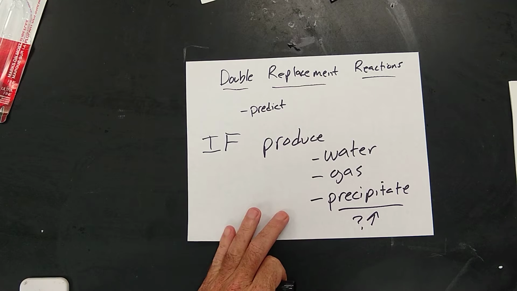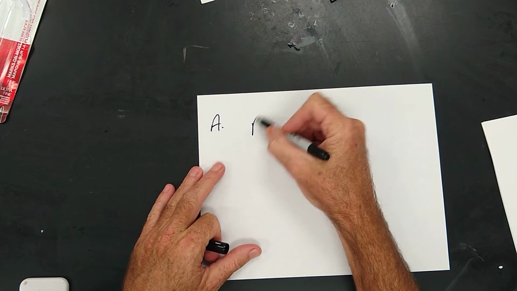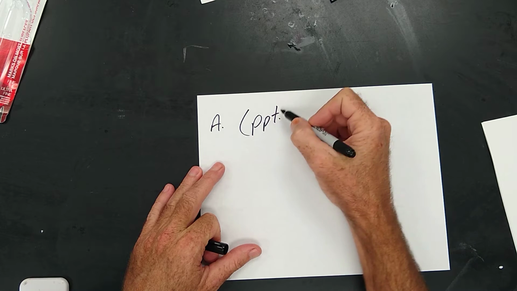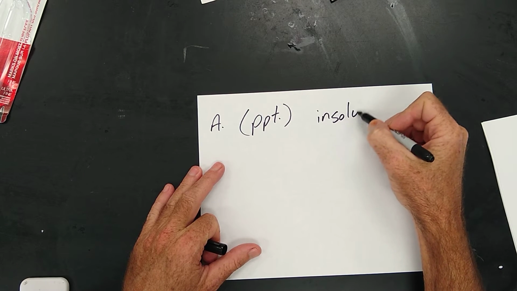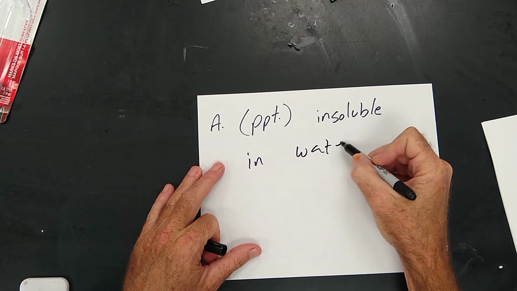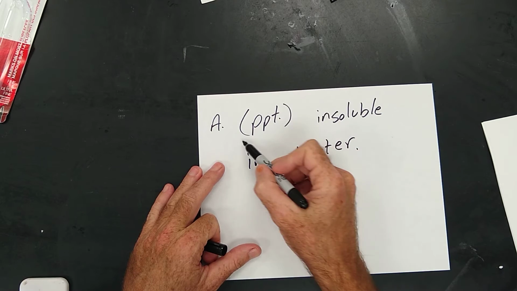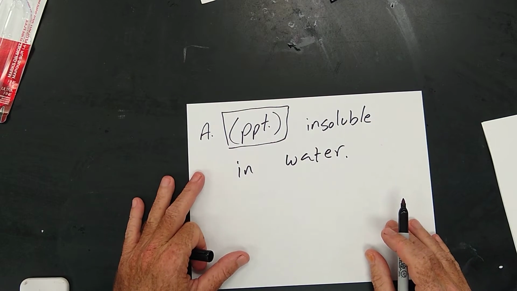Well, I will tell you what a precipitate is. A precipitate is something that is insoluble in water. Okay? And PPT, that's our little abbreviation for precipitate.